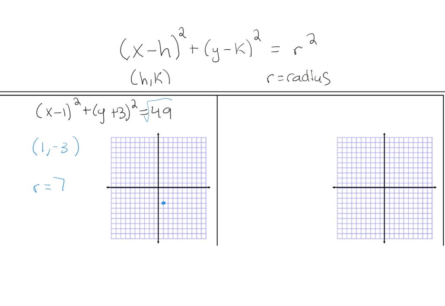So from the center, we're going to go up 7, down 7, left and right 7. And then we can sketch the circle.